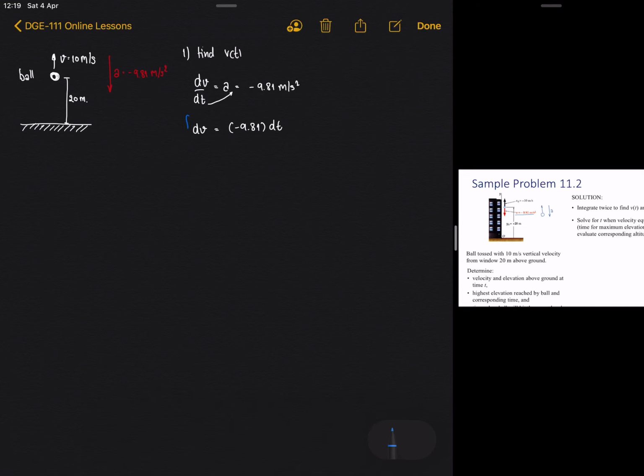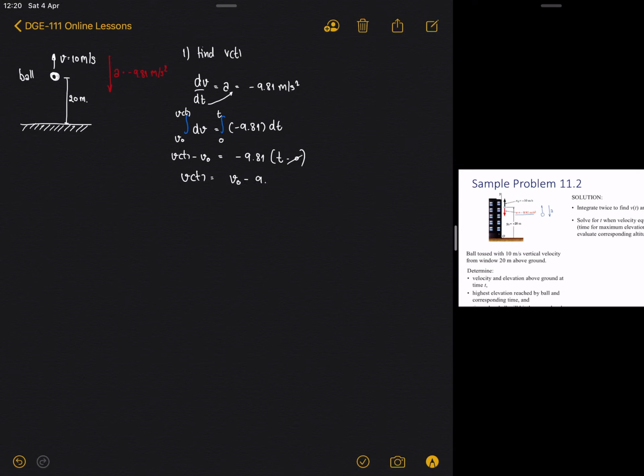So when we integrate this, from v0 to vt, and this is 0 to t, we will have on this side vt minus v0 equal to minus 9.81, and the integration of the constant is t minus 0, then 0 we can cross out, and in the end you get vt equal to v0 minus 9.81t, okay? And here is your formula.